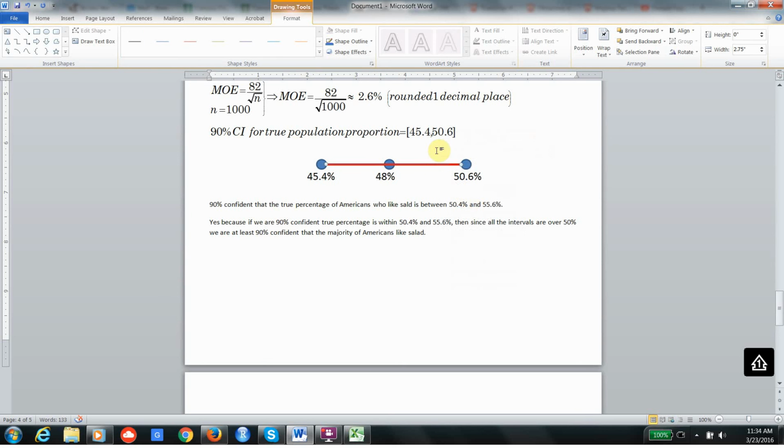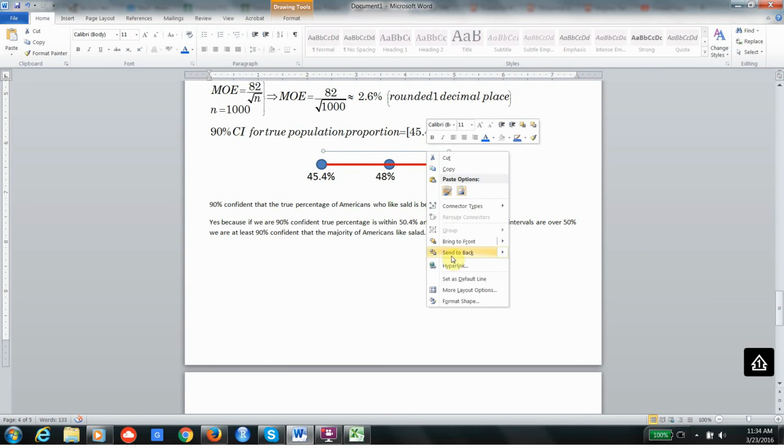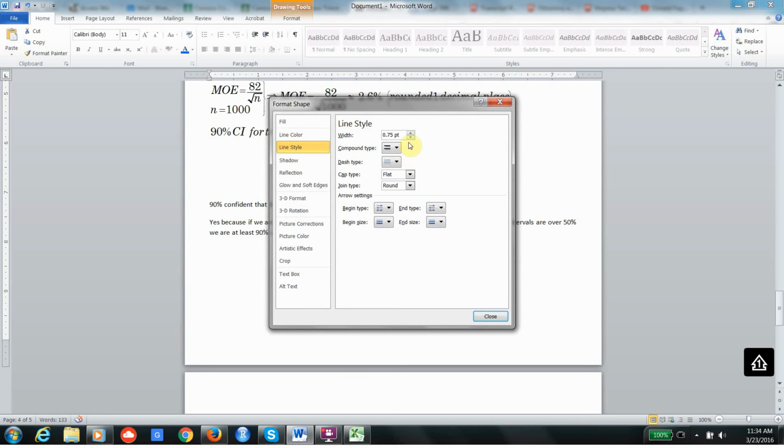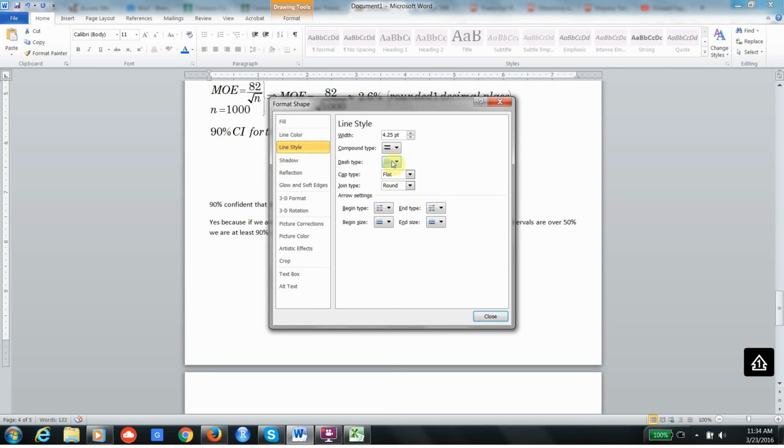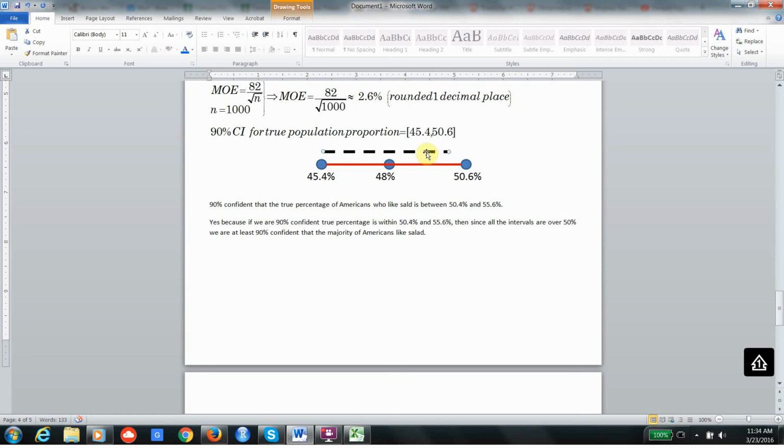Well, notice that this is the majority of the interval, right? If I take this as being 50%, this is the majority of the interval.